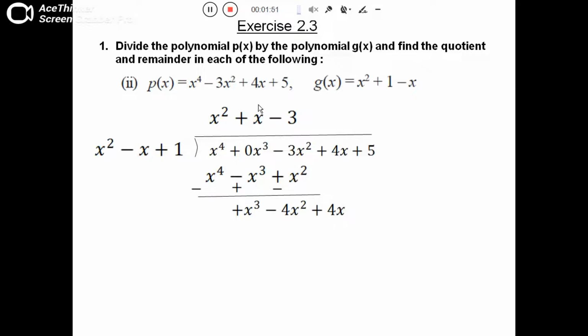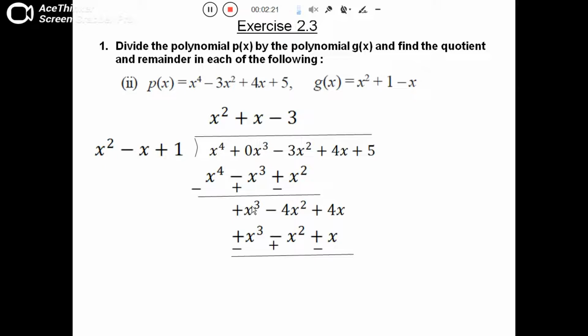Now take the second quotient, which is plus x, and this plus x is multiplied into the divisor. Plus x into x square is equal to plus x cube, plus x into minus x equals to minus x square, and plus x into plus 1 is equal to plus 1x. Again you just subtract by changing the sign of this product.